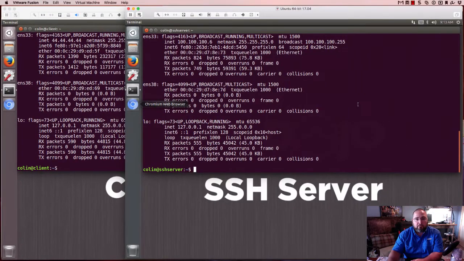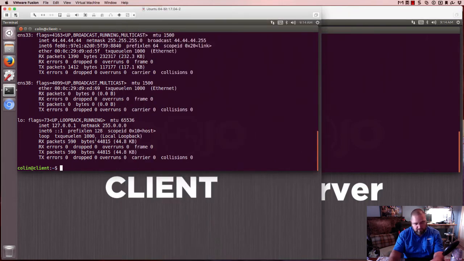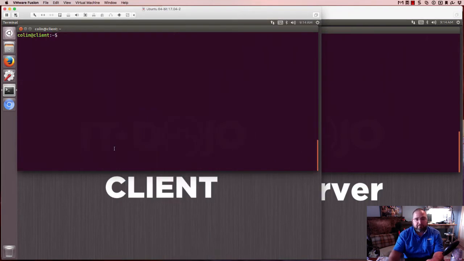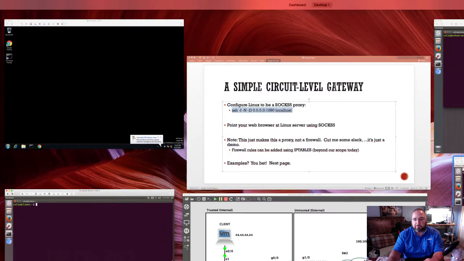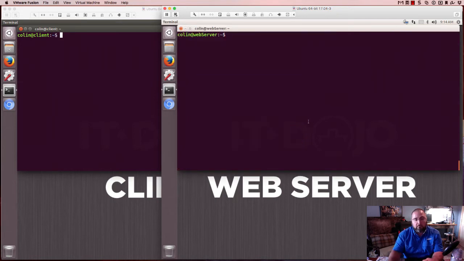What I want you to see is that the connection showing up at the web server is no longer going to be like it was before, where the client connected directly to the server. Now the client is going to establish a connection to the SSH server, and the SSH server is going to establish a connection to the web server.